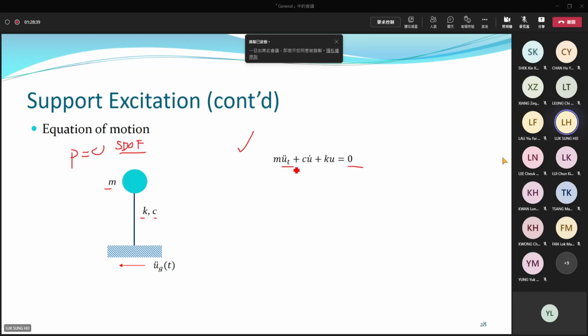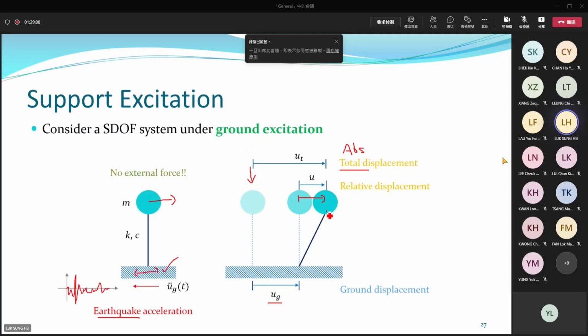What is ut? Ut means the total deformation, as we just showed on the previous page. The inertial force depends on the acceleration of the total displacement, u double dot t, while the resistance provided by damping and by the stiffness depends on the relative deformation of the column. The stiffness provided by the column depends on U, not UT.